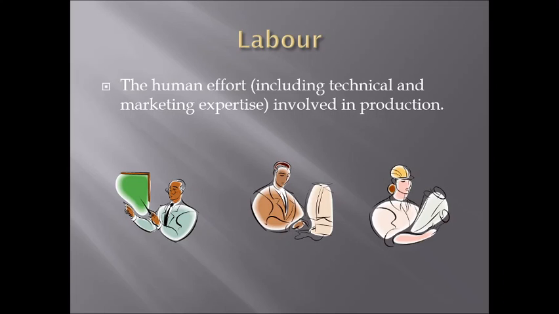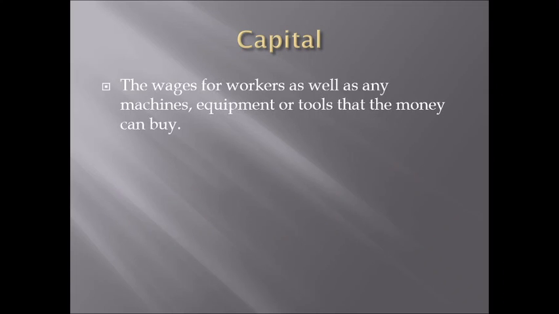And finally, once you have used labor to turn it into a product, you then can actually gain capital. Capital is the wages workers work for, and basically the money that people earn from selling things. So the wages for workers, as well as the machines, equipment, or tools that the money can buy.